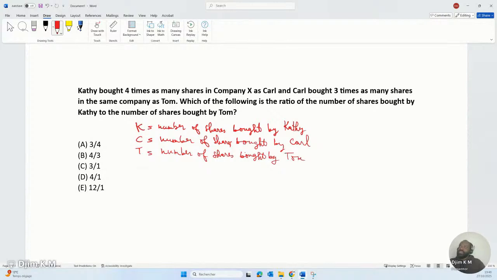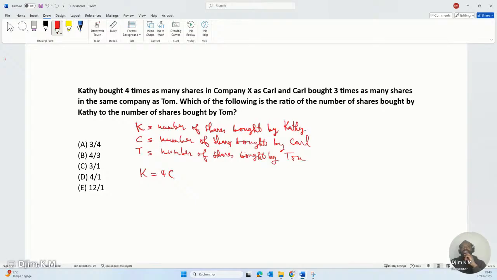So it says Cathy bought 4 times as many shares in company X as Carl. So that means the number of shares that Cathy bought is equal to 4 times the number of shares that Carl bought. So K is equal to 4 times C.